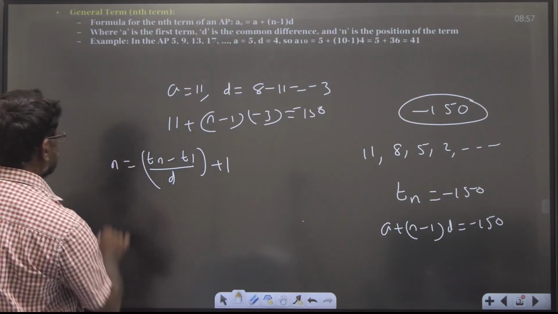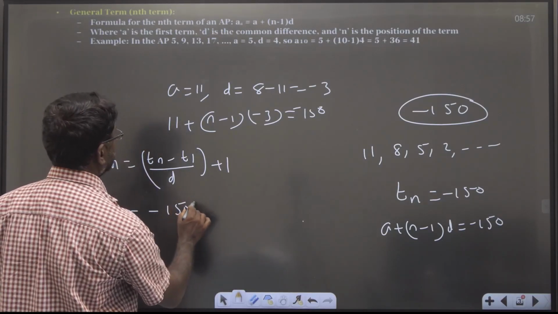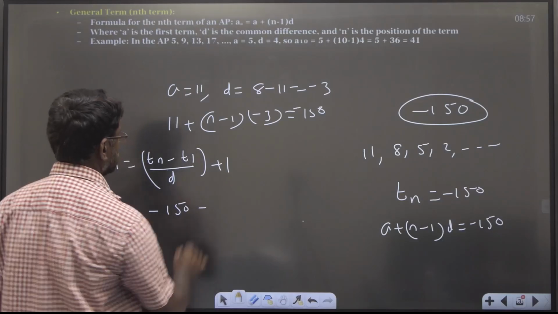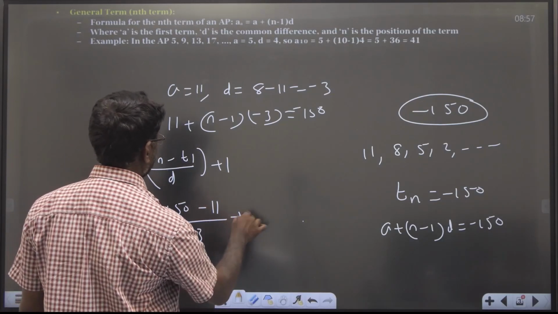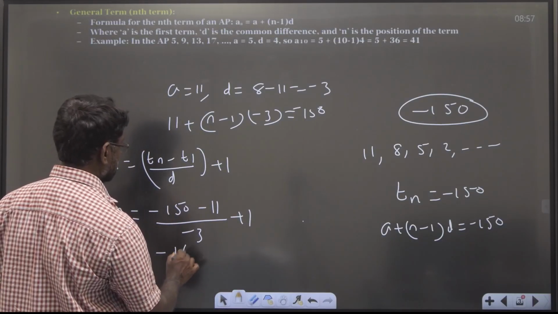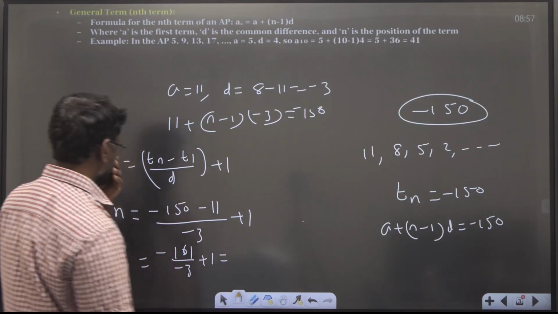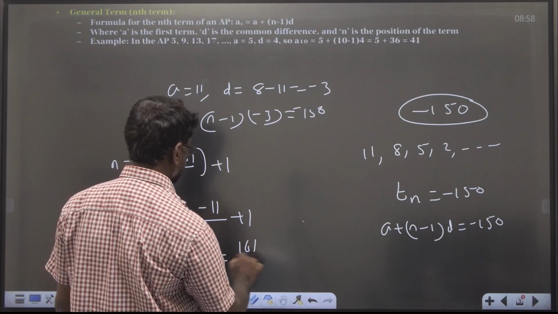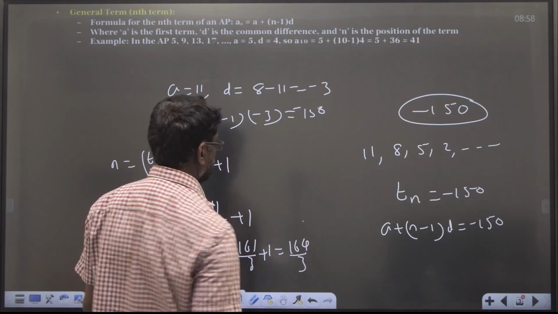That is, n is equal to, what is Tn, the last term? Negative 150 minus T1, that is 11 by, what is d? Minus 3 plus 1. Minus 161 by minus 3 plus 1, that is 161 by 3 plus 1, that is 164 by 3.